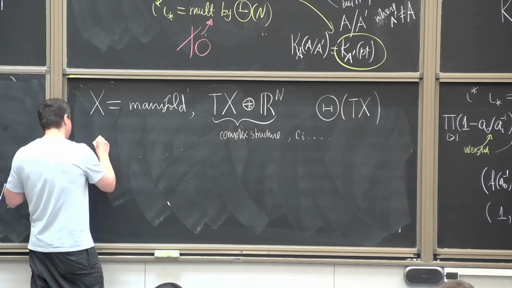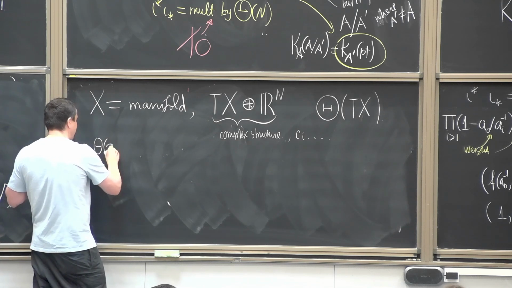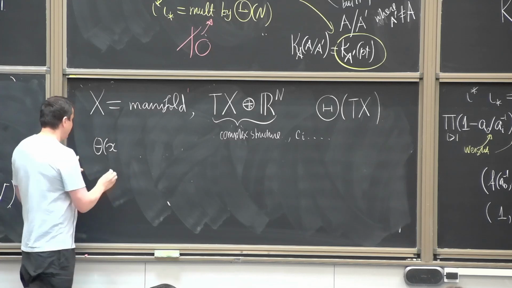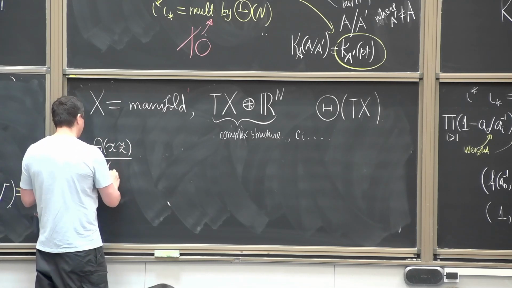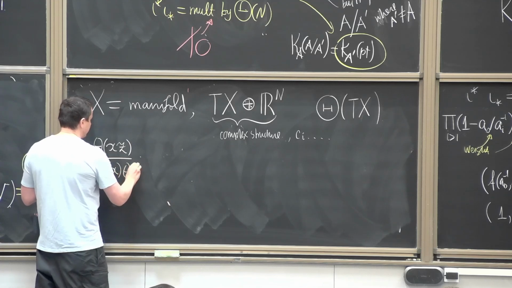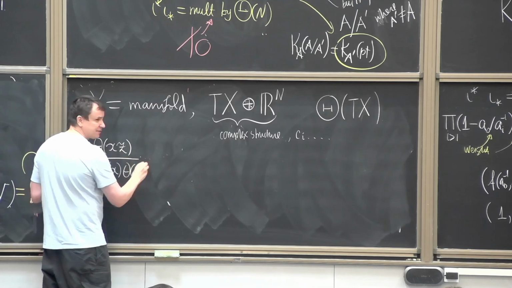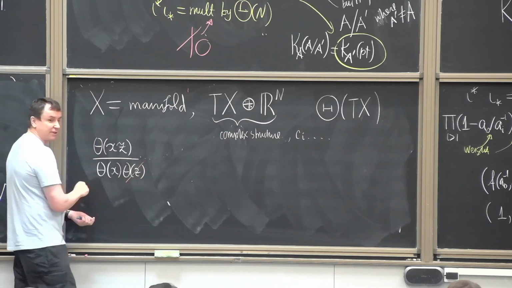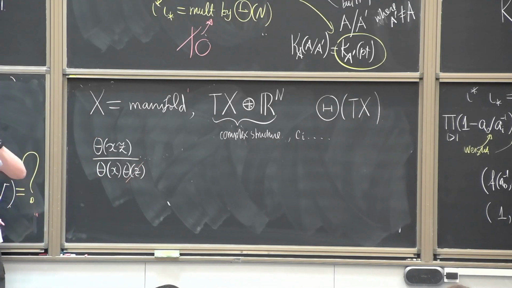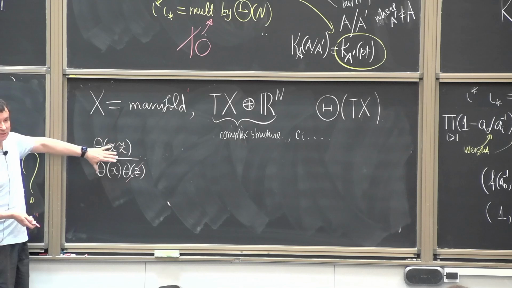This is the theta function of x, x times z over theta of x times theta of z, and then you get more things if you like. But in fact you can remove this for now.